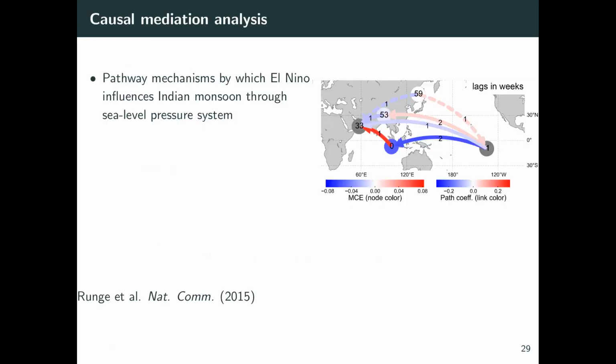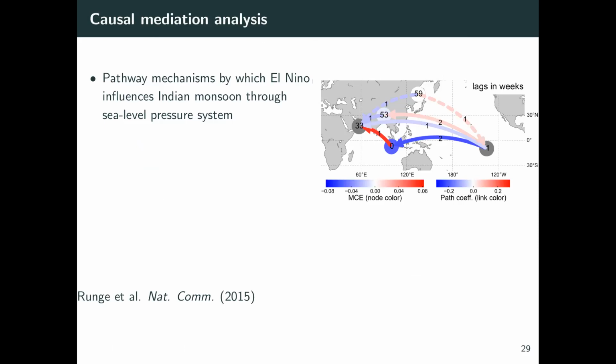One work from some years ago is where I used this causal discovery approach to identify the network of pressure components, which I identified by dimension reduction beforehand. So I decomposed the whole sea level pressure field into 60 components and then inferred the network among these.